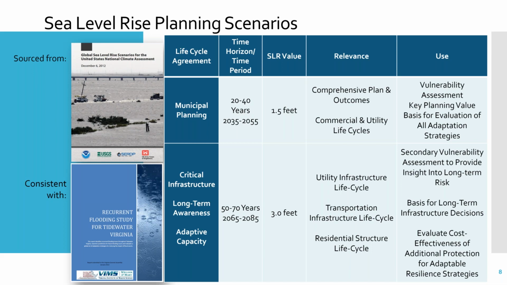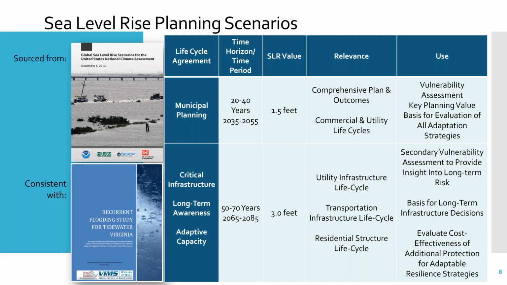Remember, this was back in 2015, so that's 2035 to 2055. And that would be for any short-term project, a new roadway being constructed. We would analyze those, put that into the comprehensive plan, and figure out what our vulnerabilities were in that time frame. We also created a critical infrastructure, long-term awareness plan that goes out to the years 2065 to 2085, and we're looking at 3 foot of sea level rise for that.